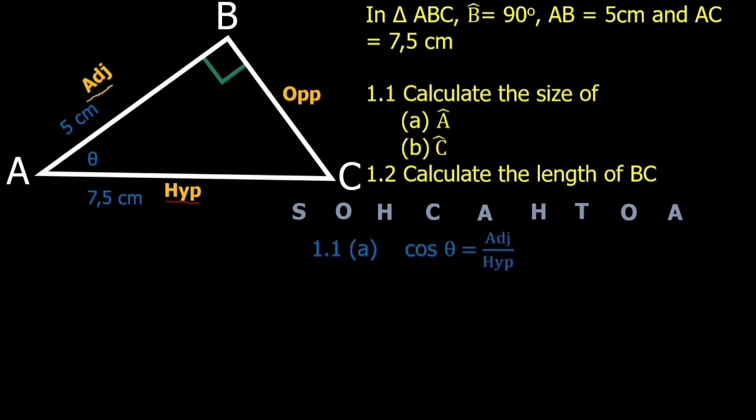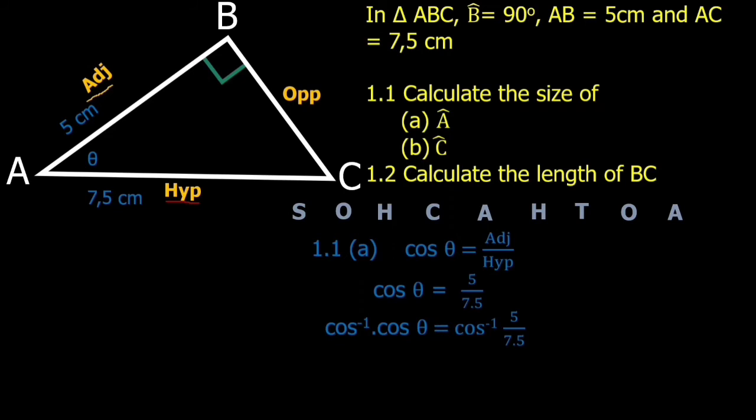So to get angle A, we can use the cos of theta. Why? Because we are given the adjacent side and the hypotenuse. So the cos of theta is adjacent over hypotenuse, which becomes 5 over 7,5. And we now know how to get rid of the cos function on the left hand side.